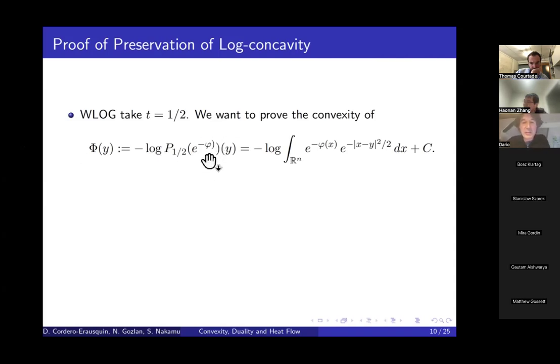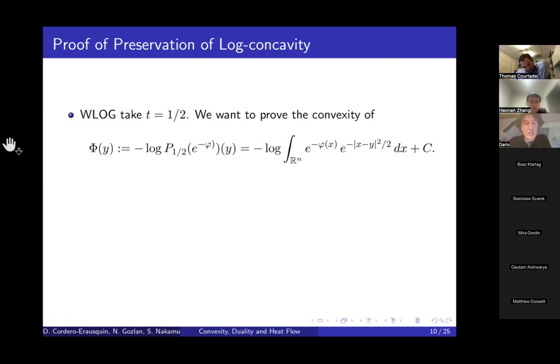So what I want to prove is that I have my log concave function here, exponential minus phi. I take the heat semigroup, and I want to prove that it remains log concave. So I take minus the log. I want to prove that this function phi here is convex.